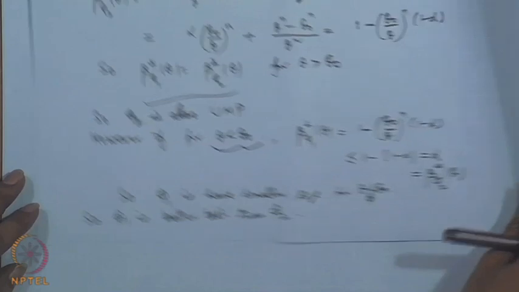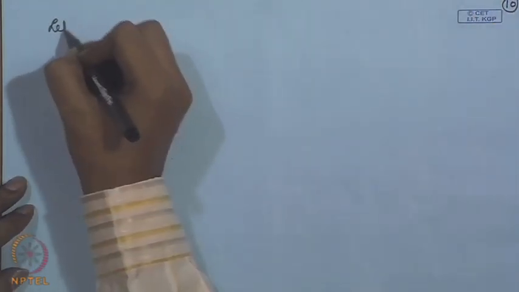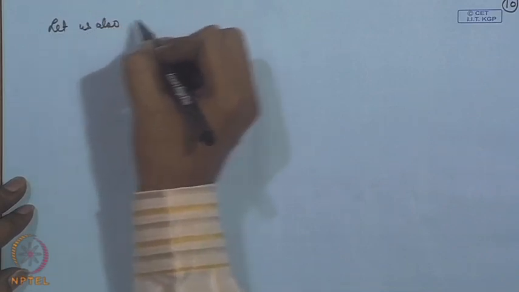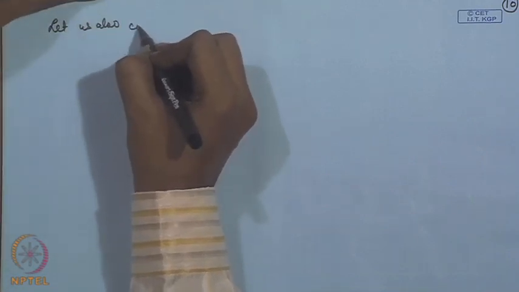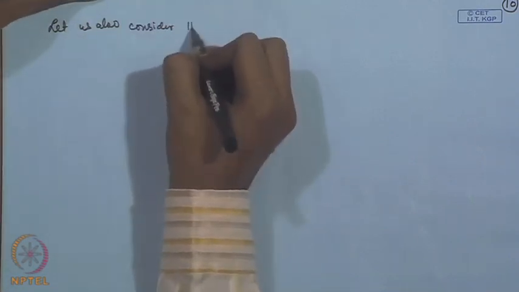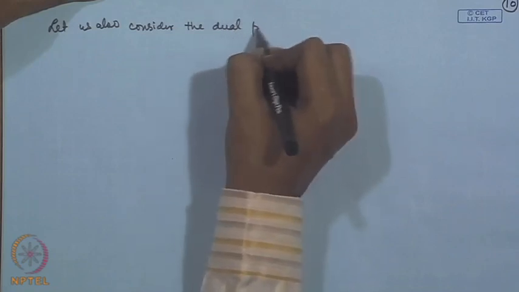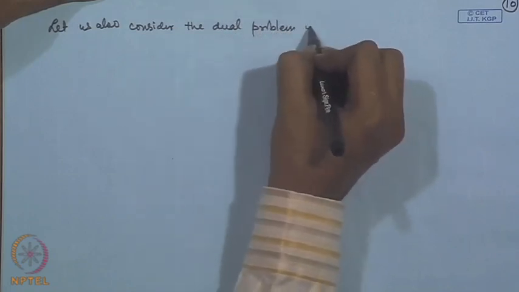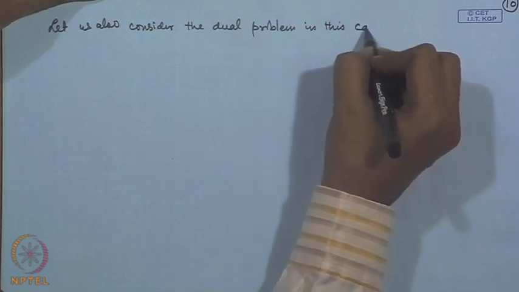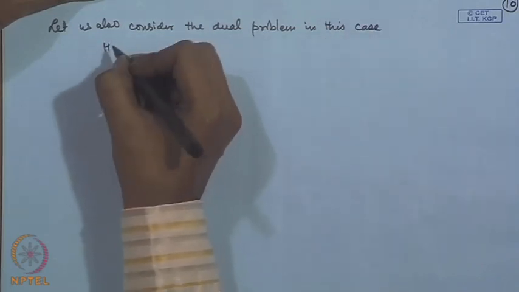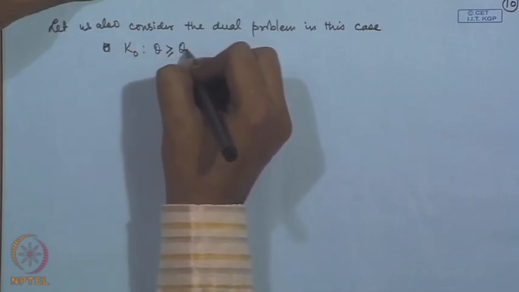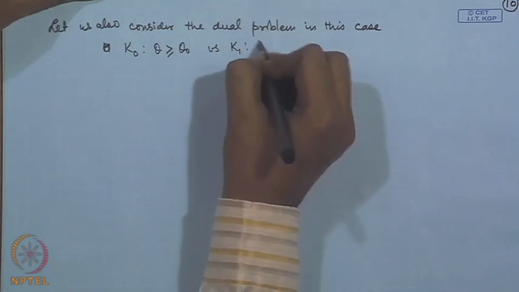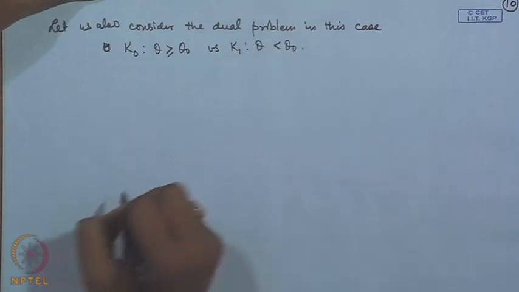In this particular case, let me also demonstrate the reverse hypothesis, that is the dual. Let us also consider the dual problem. That is, say k naught: theta greater than or equal to theta naught against k 1: theta less than theta naught.